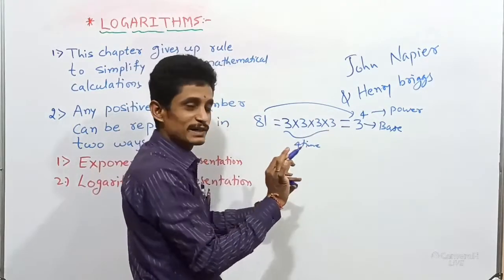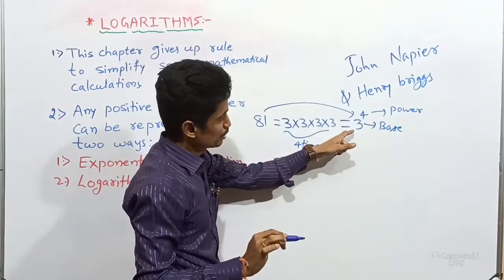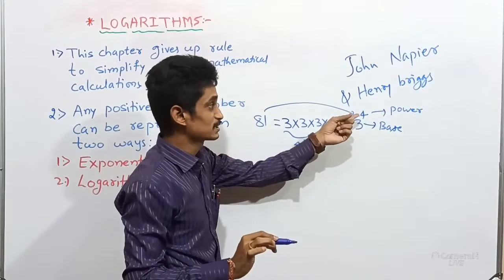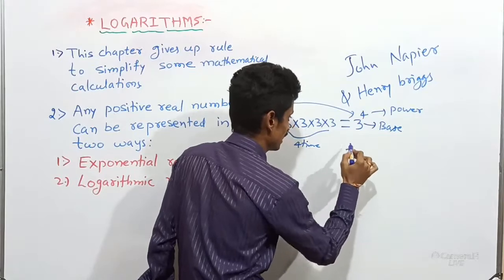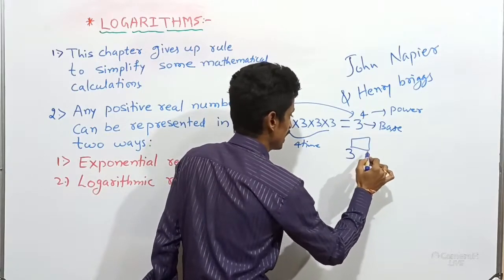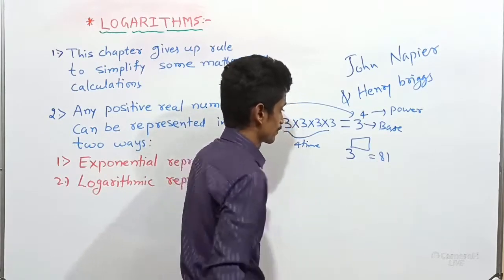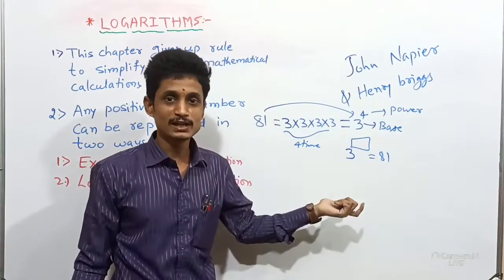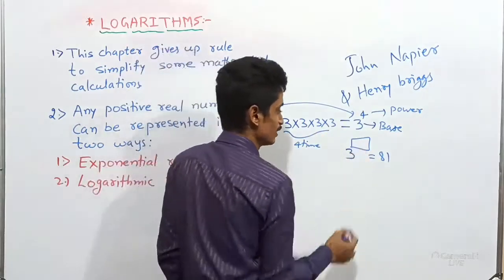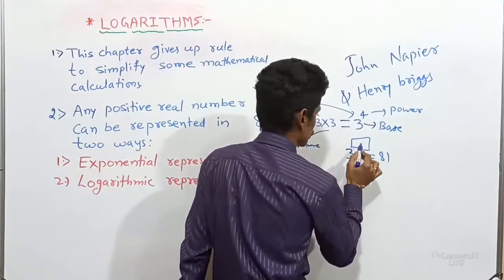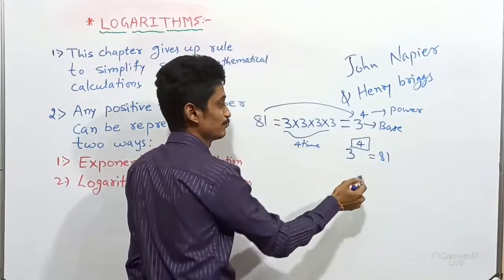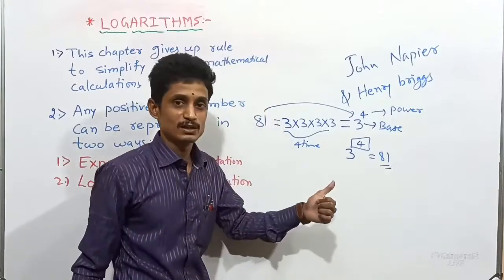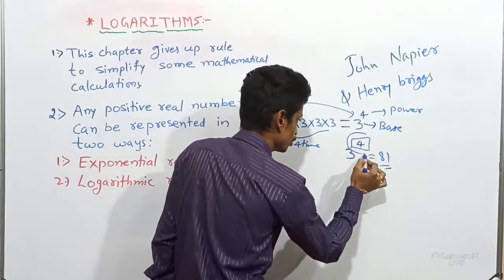It looks very simple. In exponential form, one number is the base and another number is the power. But when the question arises like 3 power blank is equal to 81, of course everyone will answer that the blank is 4, because 3 power 4 gives 81. The point is here only.